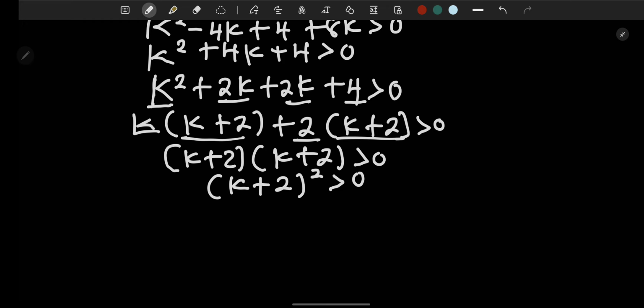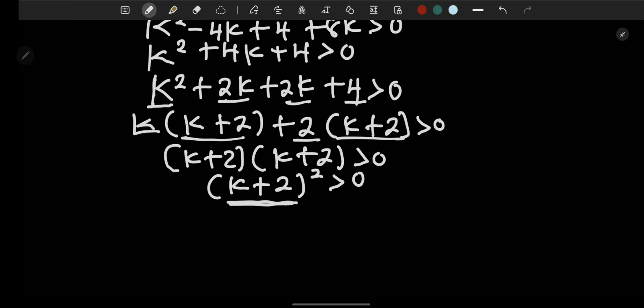So for all real values of k, we are given that (k plus 2) squared is greater than 0. Irrespective of the value of k, whatever result you obtain here, be it positive or negative, by the time you square that, we eventually have positive results. That is why (k plus 2) squared is greater than 0.